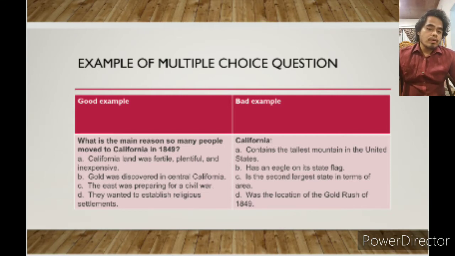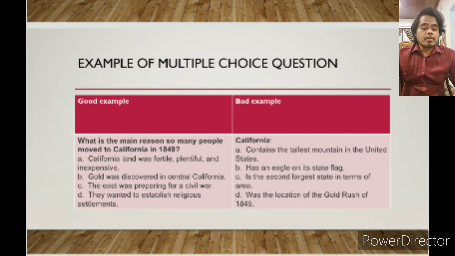In contrast, the bad example is not a specific question, and the answer is not actually specific. These are the bad examples, and don't do that when you test someone. So that's the example of the objective type question, which is the multiple choice question.